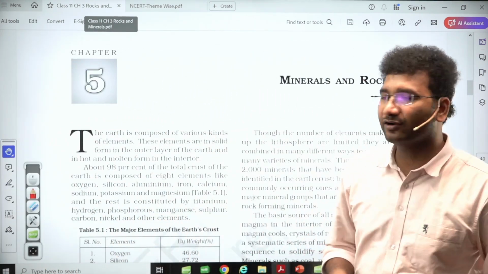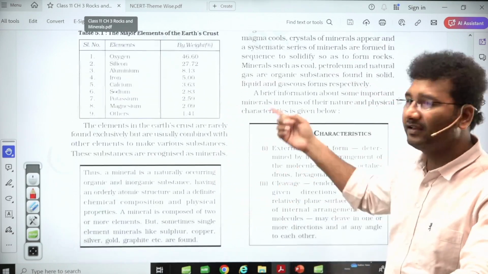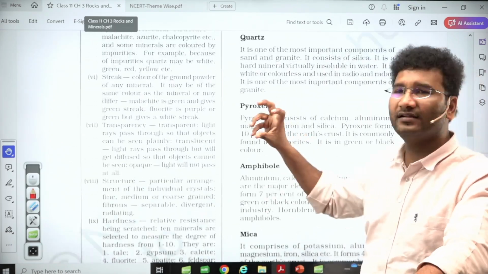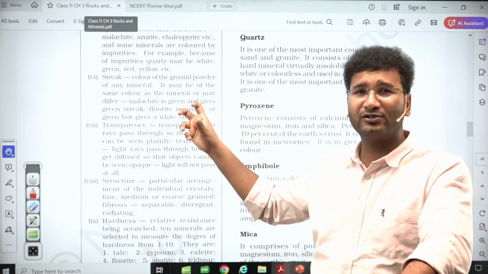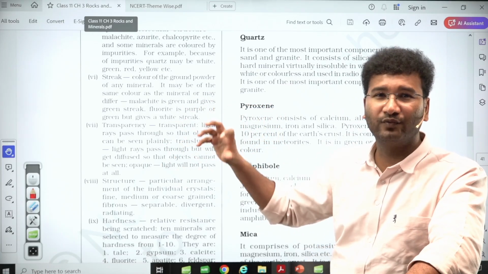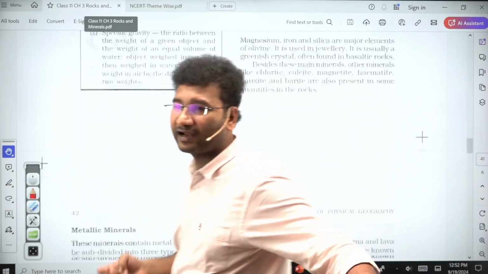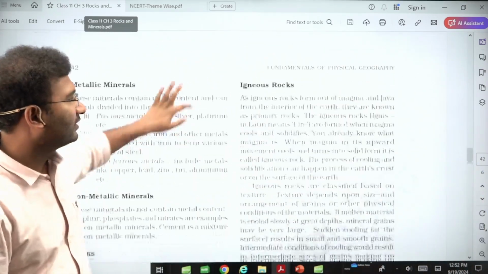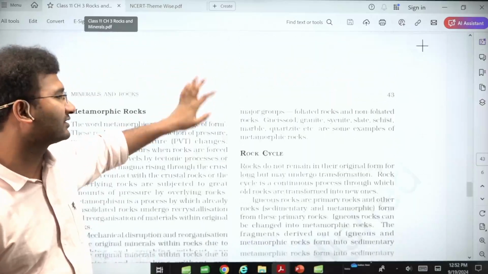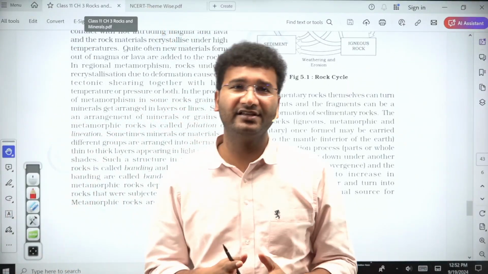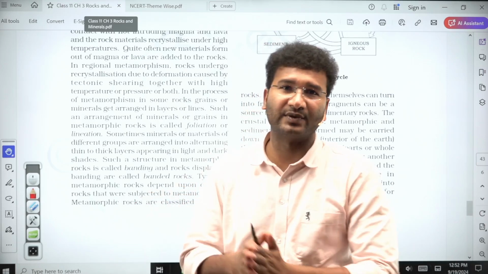In this chapter, they have given a very detailed explanation about rocks, and there is also a little factual content. I'll read out that factual content and tell you where to focus and where not to focus. Apart from that, there are different characteristics of rocks, plus the different types of rocks and the rock cycle. Once you understand these basics, it becomes very easy for you to understand the concept of soil as well.